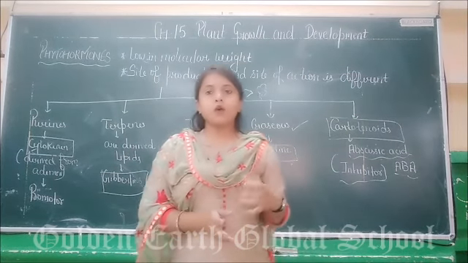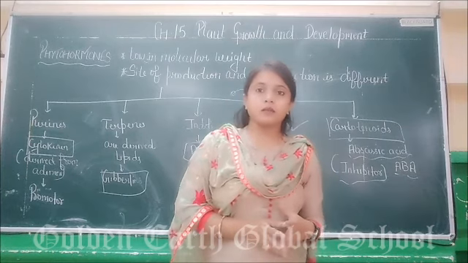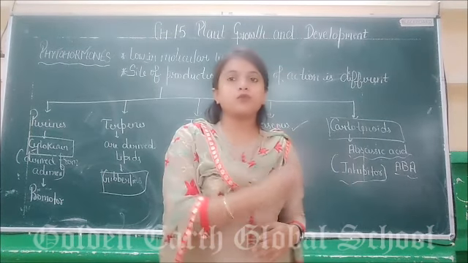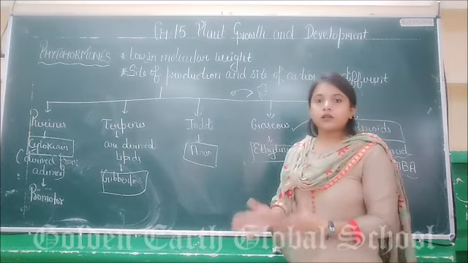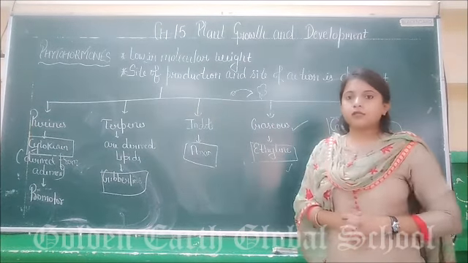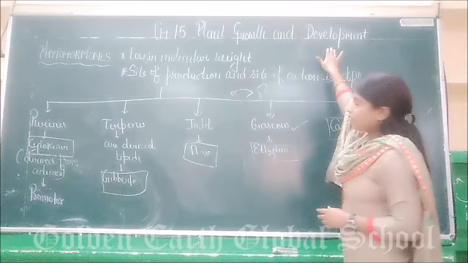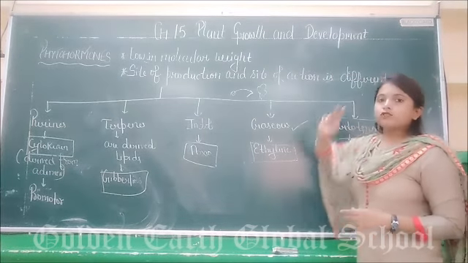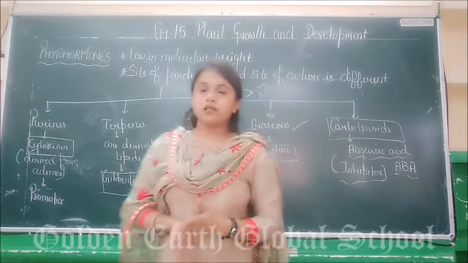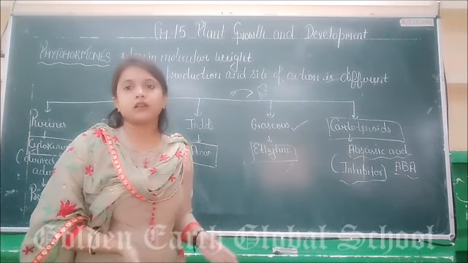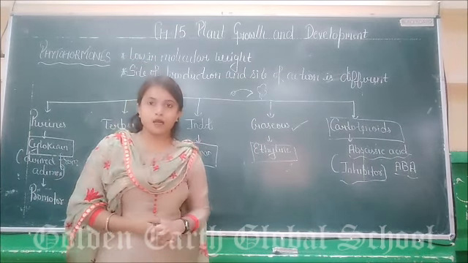Now what is happening in the organisms is that they will divide their work according to their function. The division of work according to function is known as differentiation. So development includes the sum of two processes, growth as well as differentiation, in which the cells divide their work according to their functions.